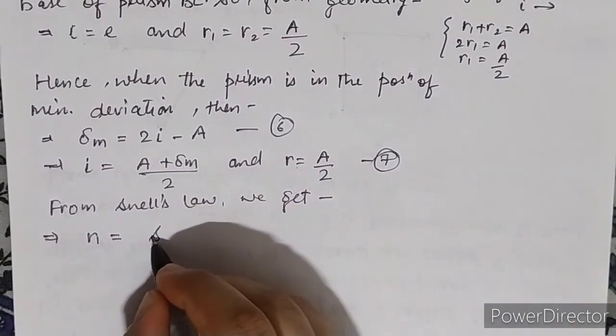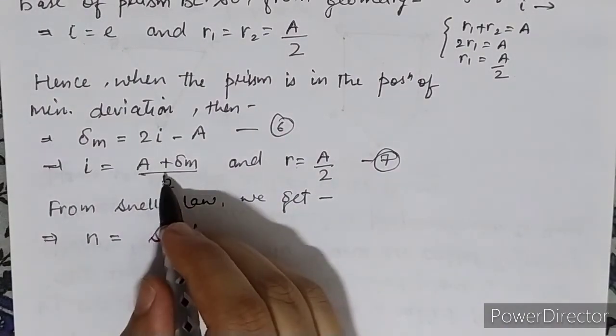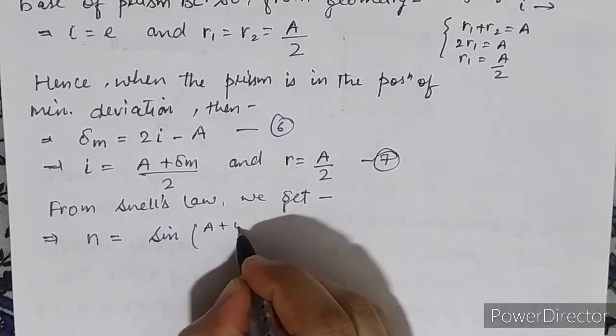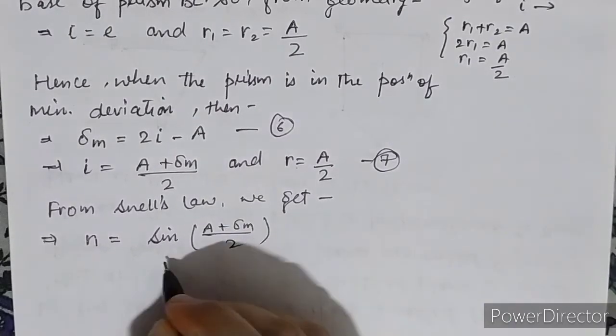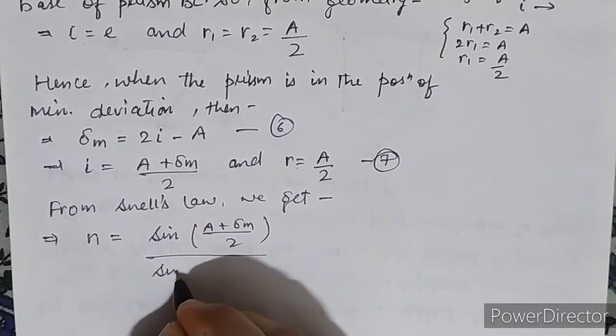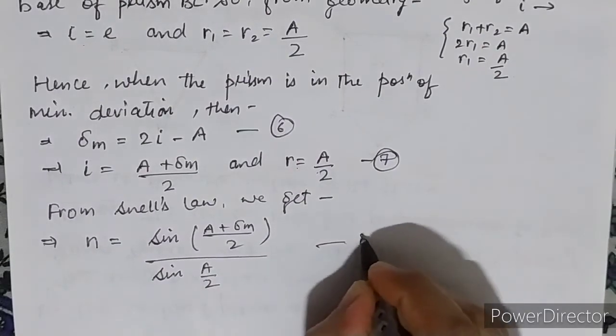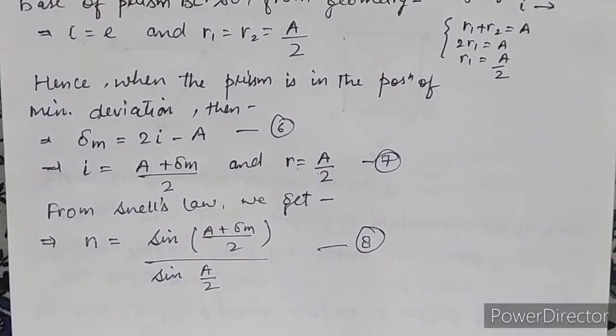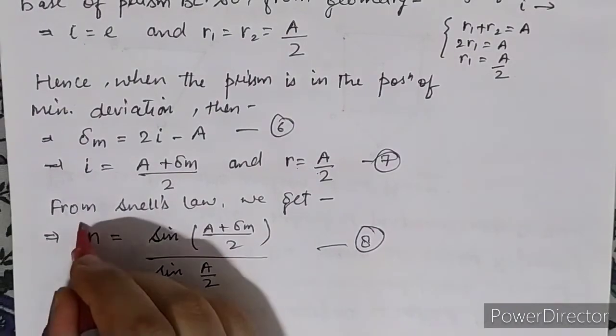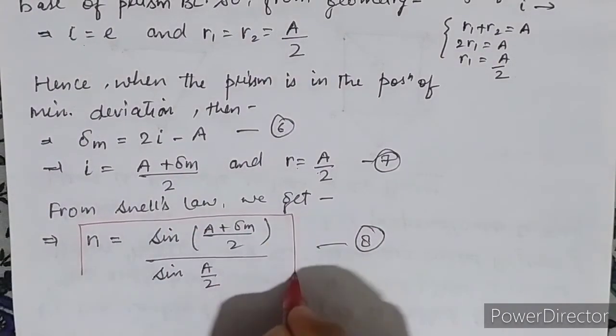So the sine of the angle of incidence, the formula of incidence is (A plus delta m) by 2, to the sine of the angle of refraction, sin R, which is A by 2, equation number 8. This is another formula that practically we are using, remember always.